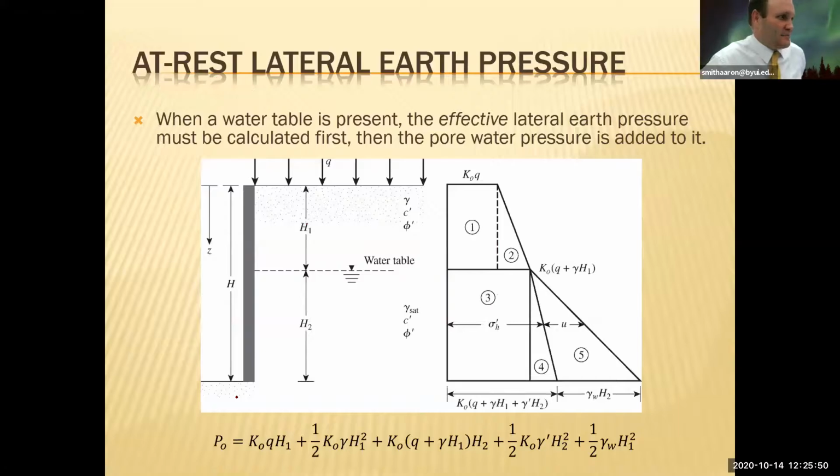Let's look at it again. I guess I jumped the gun, but when you add a water table, essentially you're adding the unit weight of water to all the pressures that are acting on this wall right here. The total pressure is the sum of all of these different shapes.